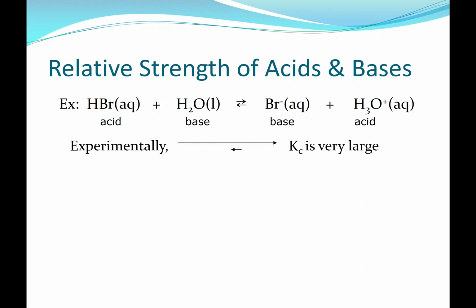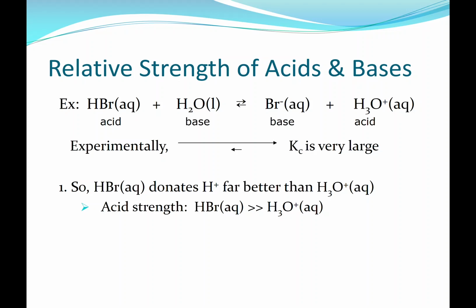If we look at this reaction experimentally, HBr is a strong acid, and so this equilibrium lies very, very far to the product side. We could say that our K is very big for this reaction. I've drawn the equilibrium arrows disproportionately here, so the forward reaction is mostly what's happening, even though this is technically an equilibrium reaction.